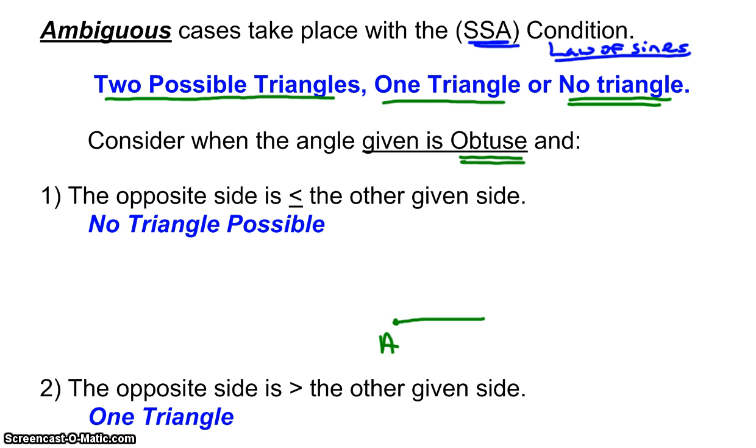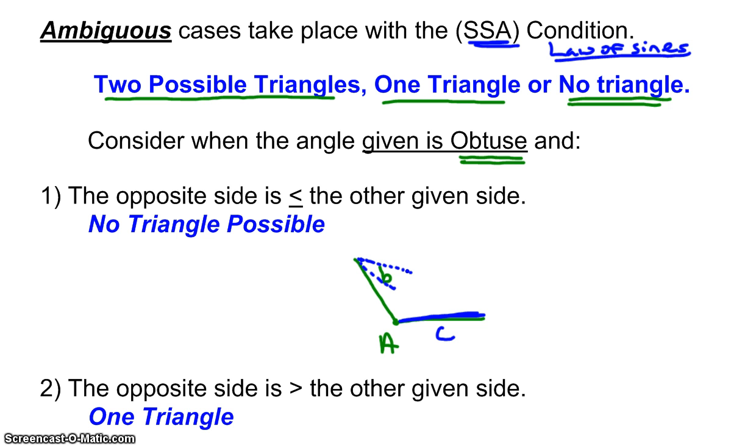Now, if angle A is obtuse, and we'll call this side B, what this is telling us is that if my A, which is supposed to be opposite side of this, is shorter than the B, it's not going to reach my bottom side here, which would be in this case C. So my A is not going to reach.